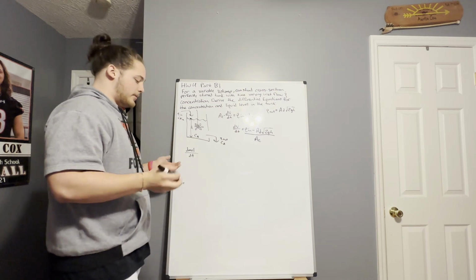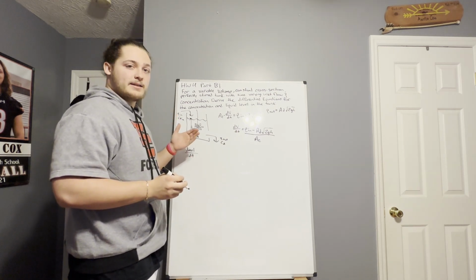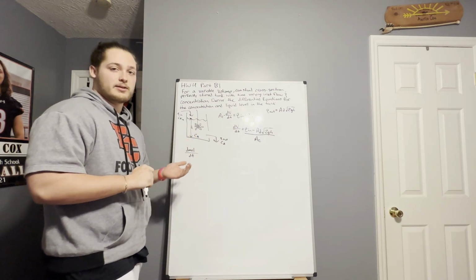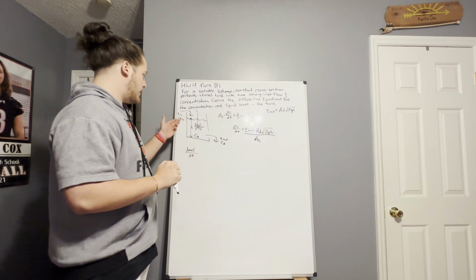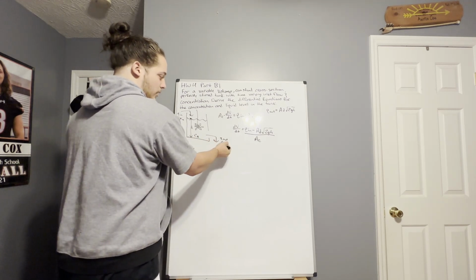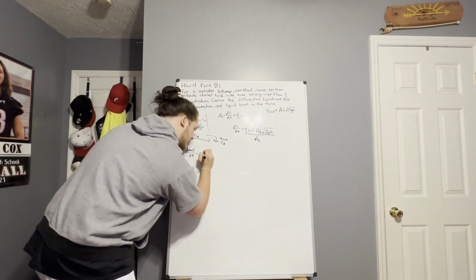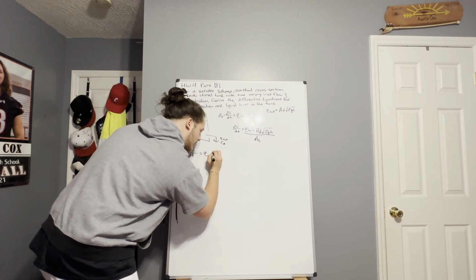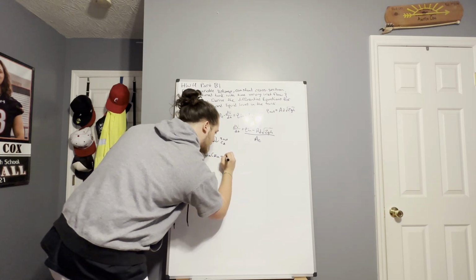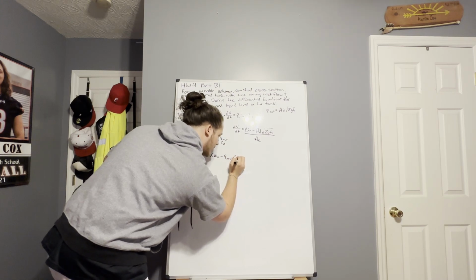And so we know that this is going to be equal to the inflow minus the outflow. But since we're looking at moles, we are also going to want to include our concentration in and the concentration that we are still left with. So this gives us Q in times our concentration in minus Q out times that concentration.